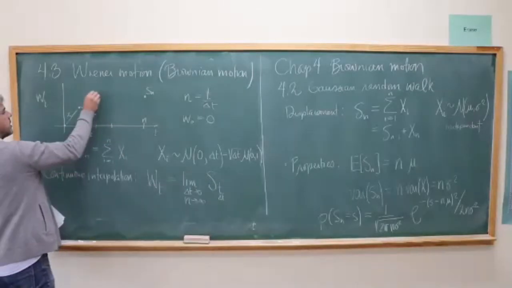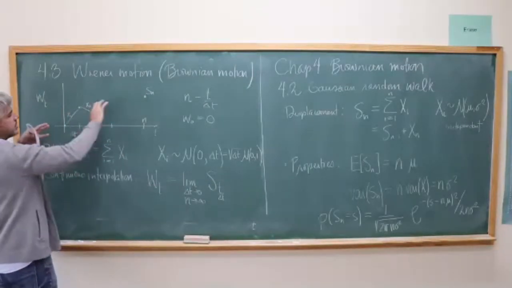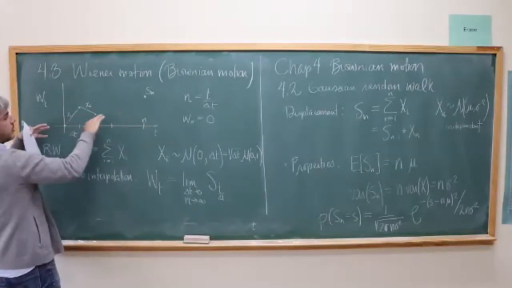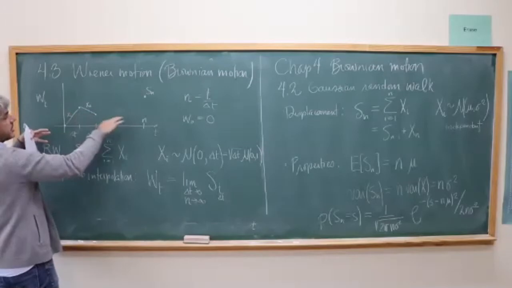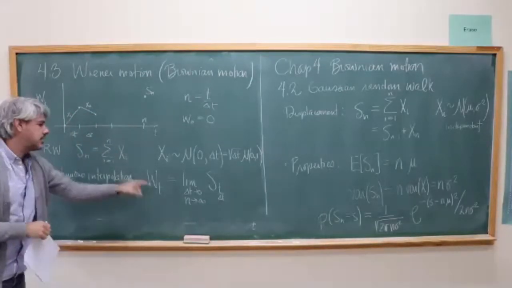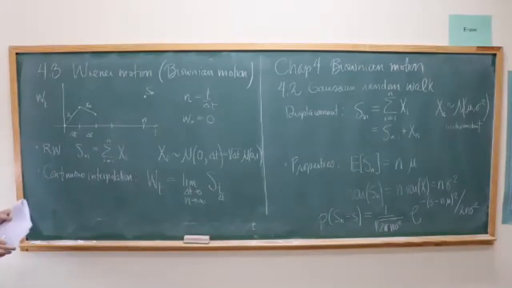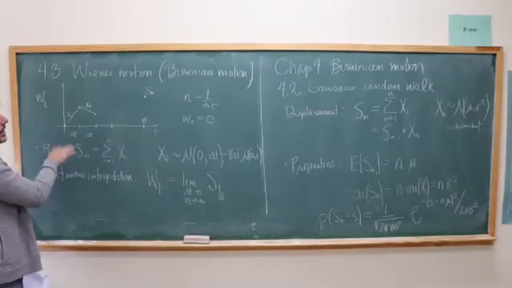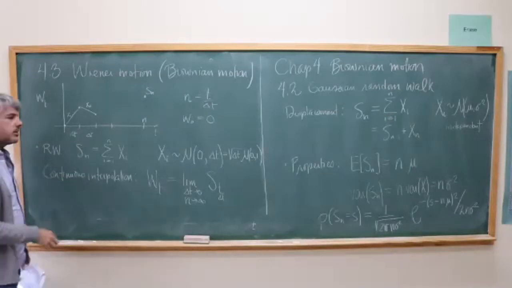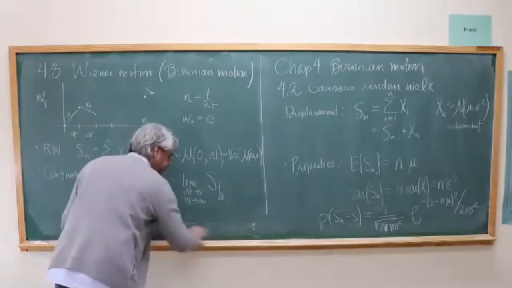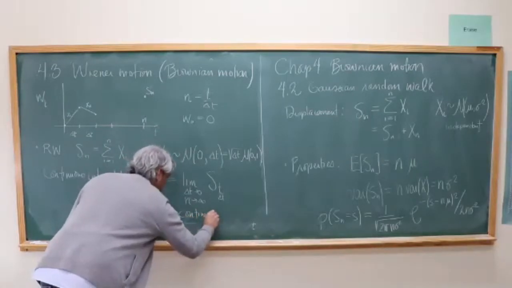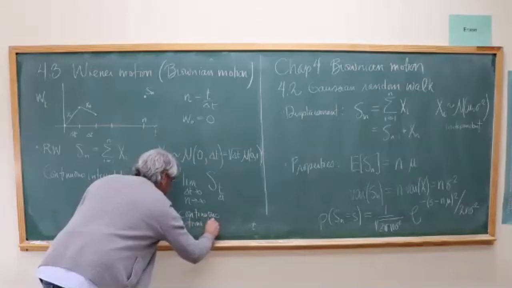So basically I have this discrete random walk, and I just take a continuous limit, so I have more and more jumps in the random walk, and this will converge to a continuous time process, which is that Brownian motion. Okay, so this is the easiest way of writing Brownian motion. You write it as a discrete random walk and you take a continuous time limit.